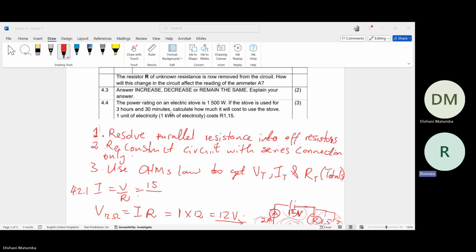Was it kilowatts? Yeah, it's kilowatt hour. Yes, kilowatt hour.